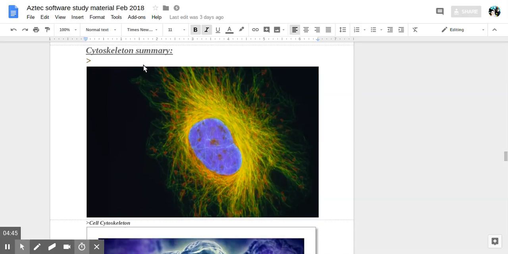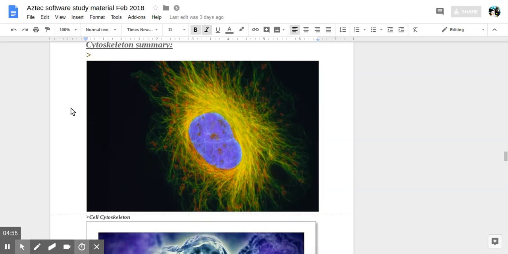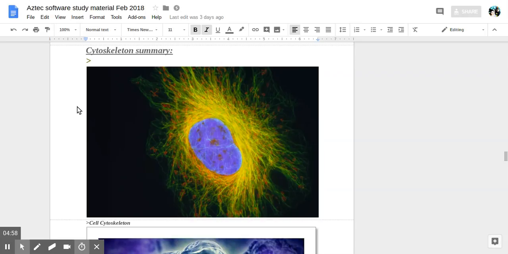Different proteins need to be made. Therefore, different parts of the DNA need to be transcribed into mRNA, and then proteins are expressed.